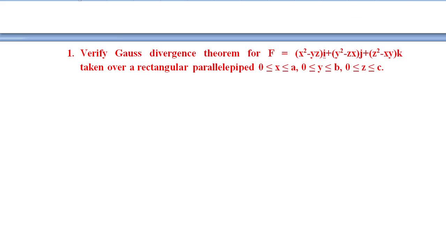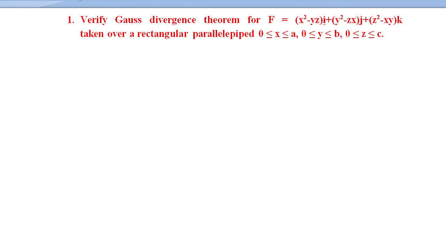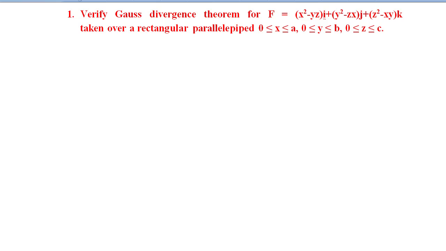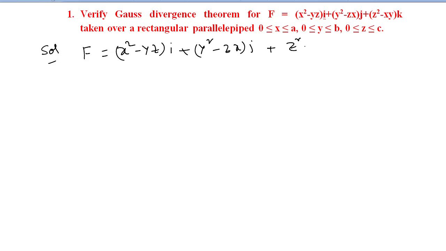Listen carefully. First question. Verify Gauss Divergence theorem for the function F equals (x square minus yz) i plus (y square minus zx) j plus (z square minus xy) k.